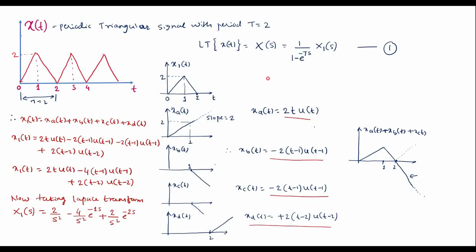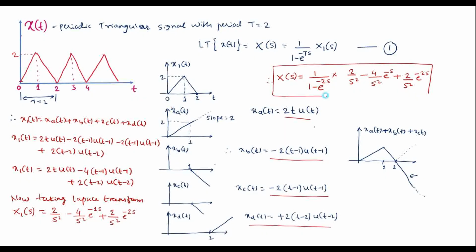So here I can write x of s is equal to 1 upon 1 minus e power minus 2s, since T is 2, into x1 of s, which is 2 by s square minus 4 by s square e power minus s plus 2 by s square e power minus 2s. Laplace transform of periodic triangular signal.